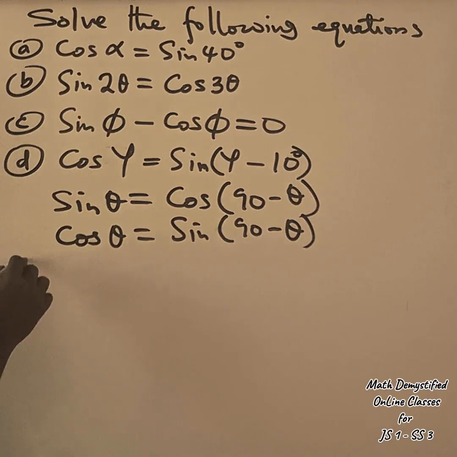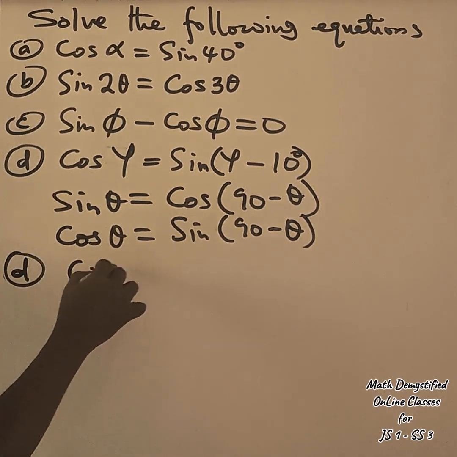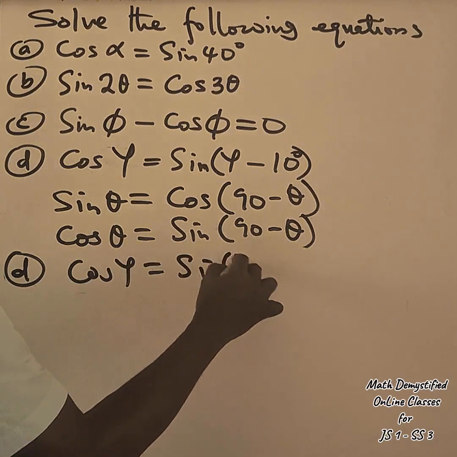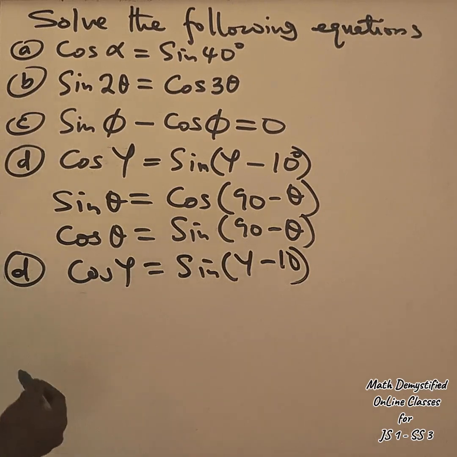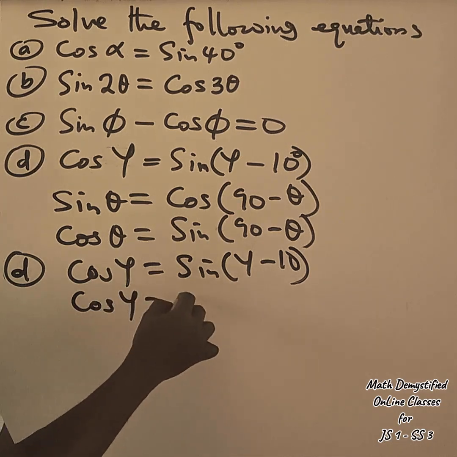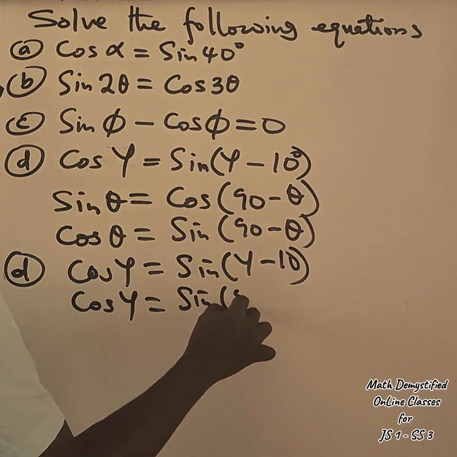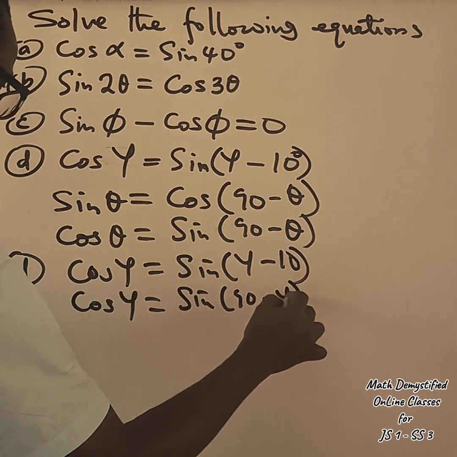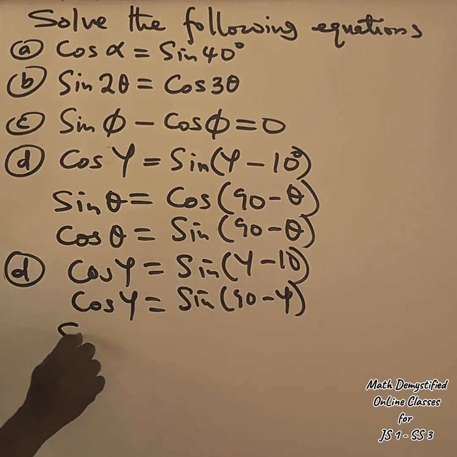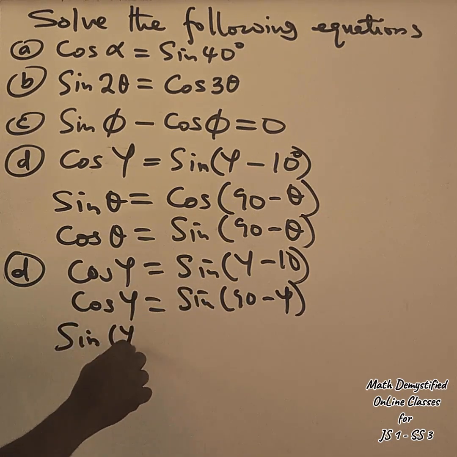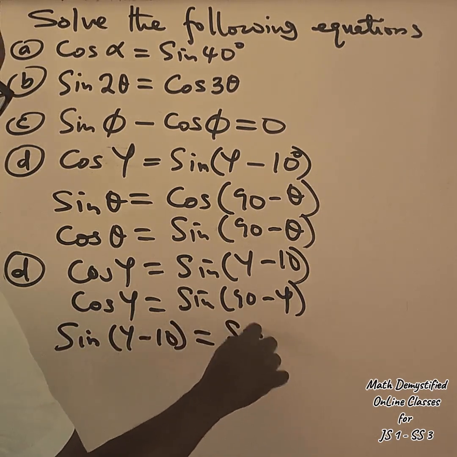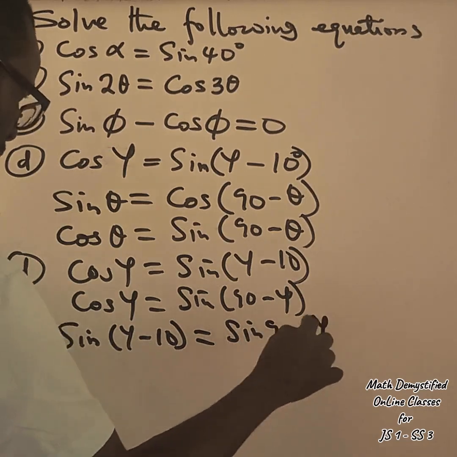Now, solving the last one, we have cos gamma equals sine gamma minus 10. I will keep one side constant. Gamma is supposed to be sine 90 minus gamma, and when I do that, I will have this side equal, and that gives me sine gamma minus 10 equal to sine 90 minus gamma.